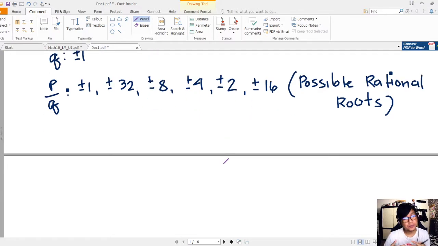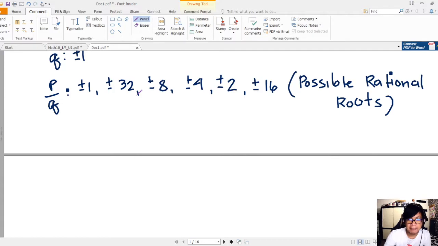In our factor theorem, we discussed that if the remainder is equal to 0, then that binomial is a factor of a given polynomial expression. Ibig sabihin, we will use the remainder, the factor theorem in dealing with this one.